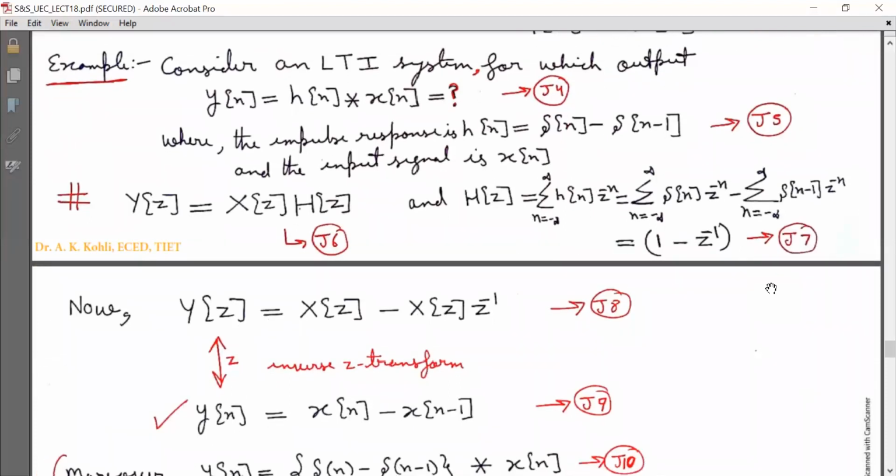Now we will solve one question by using the Z transform approach. Consider an LTI system for which output y(n) is equal to h(n) linearly convolved with x(n). We need to get the output where the impulse response is h(n) equal to delta(n) minus delta(n minus 1), and the input signal is x(n).